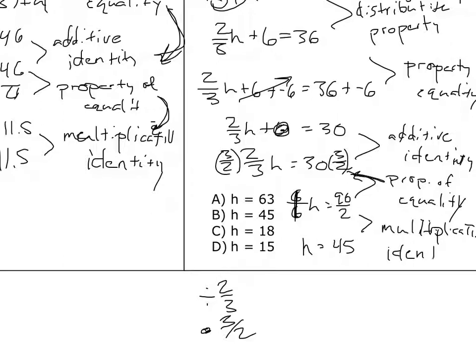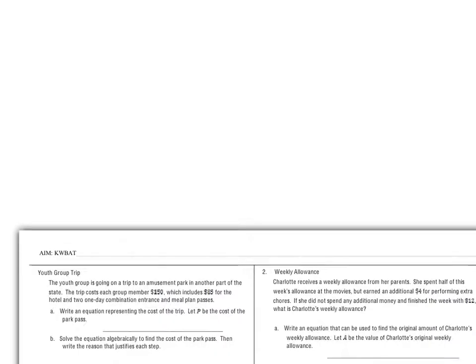So again, we can see over and over again, really what we're thinking about here, if we're doing this multiplicative inverse, we're looking to get some form of 1 here. And again, that really always just turns out getting the same thing on top and the same thing on bottom. So we end up here with our answer is h is equal to 45. Today, our aim is to solve real-world problems with equations.